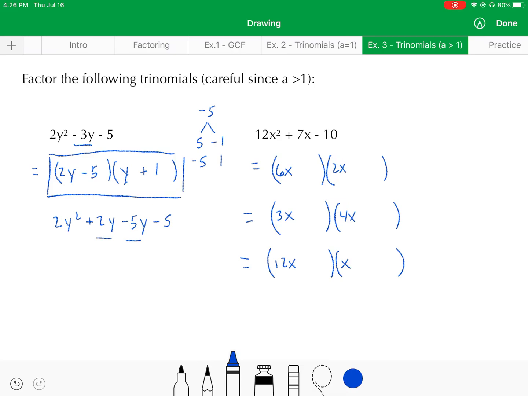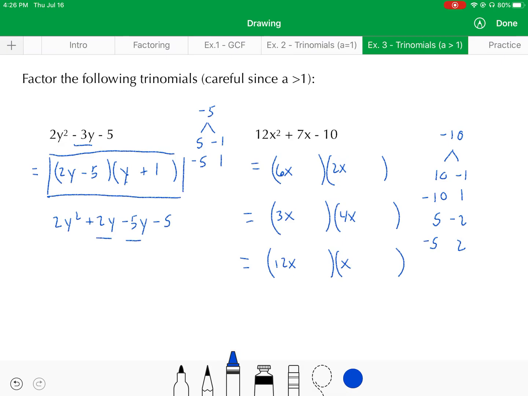And then the numbers that follow in the second spot of each factor, we know that they have to multiply to a constant of negative 10. So that could be 10 and negative 1, negative 10 and 1, 5 and negative 2, negative 5, positive 2. All right.